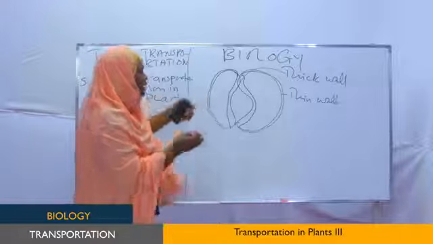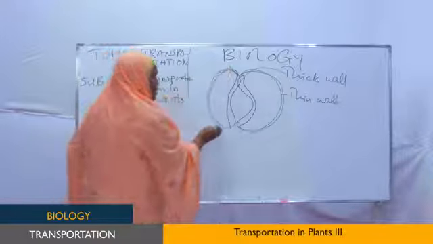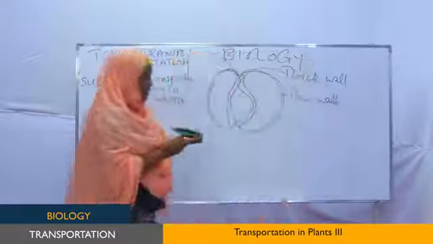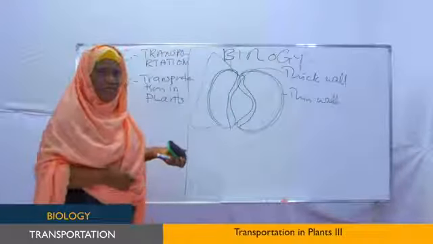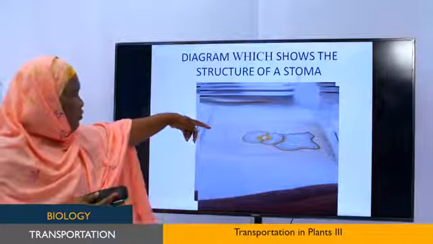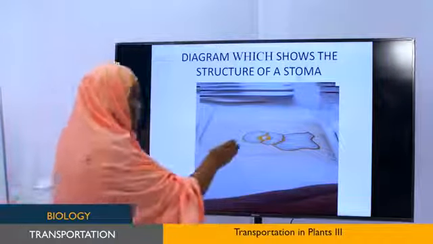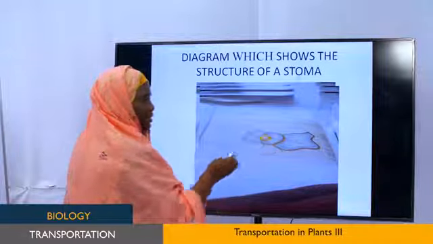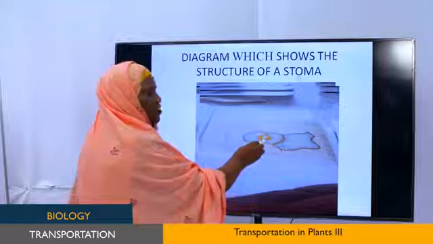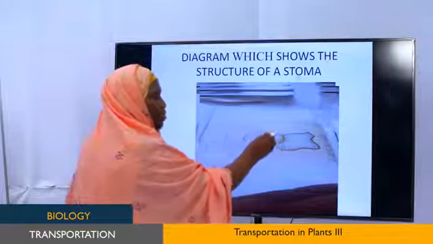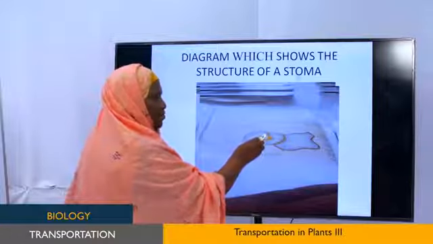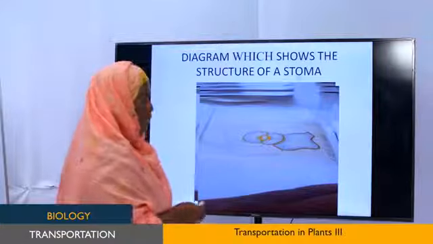Okay, the guard cells are surrounded by other epidermal cells, like the diagram here shows. These are the two guard cells, the inner walls, which are much thicker than the outer walls, which are thin. The space here is the stoma.